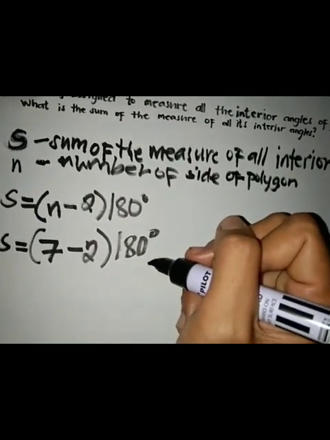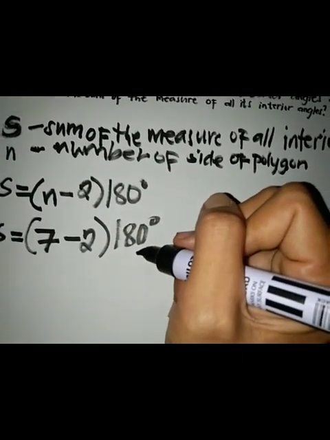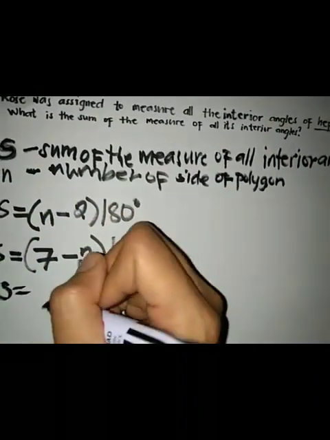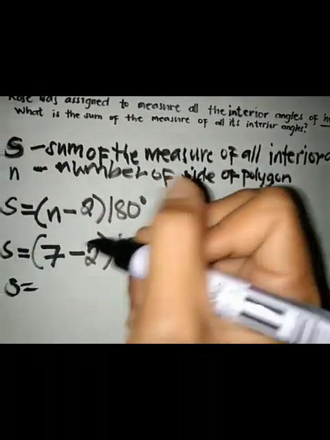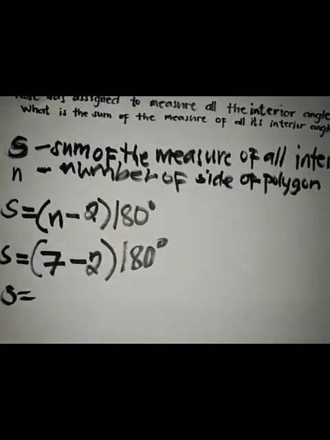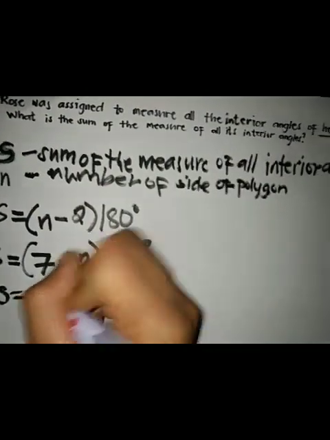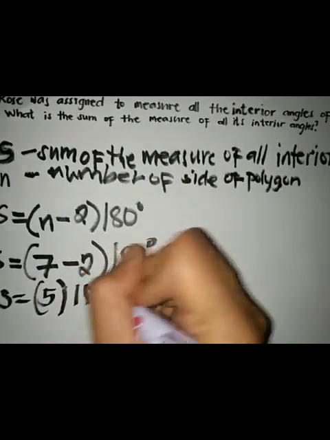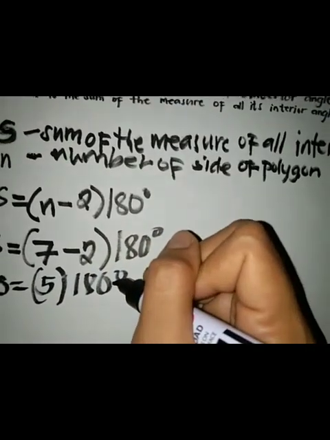So next, S equals 7 minus 2 is equal to 5, times 180 degrees.